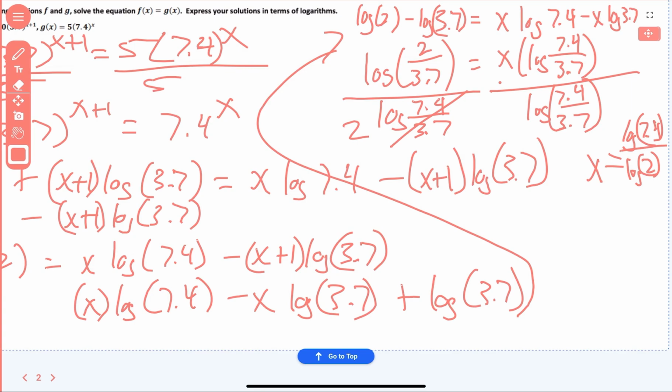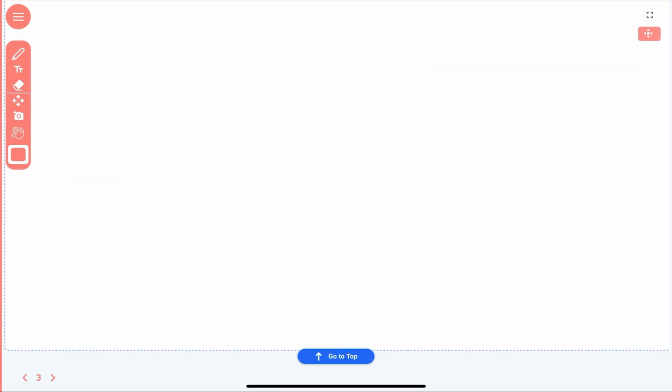All right. Page 3. Oh my goodness. We're still setting. We're back here on number.